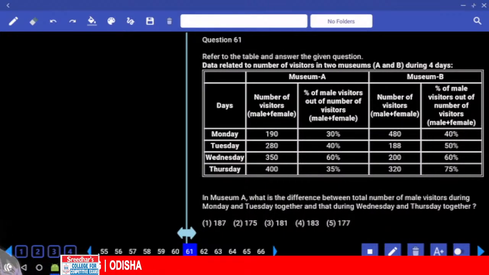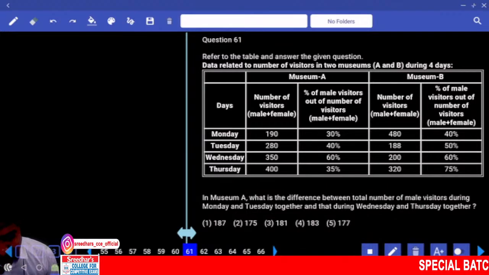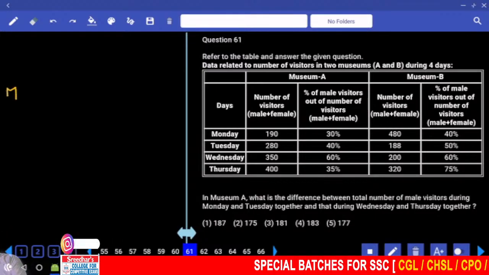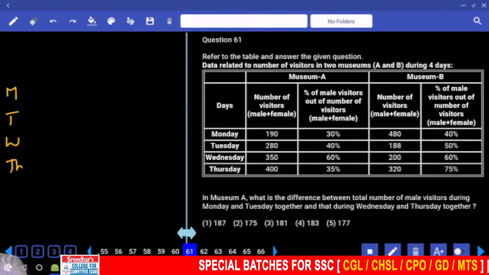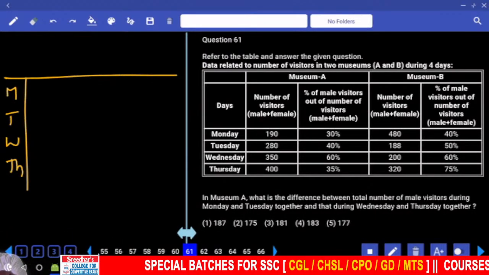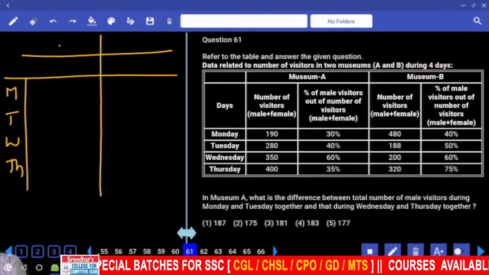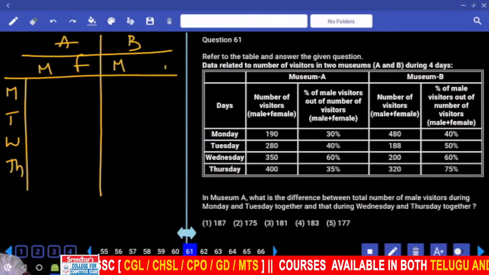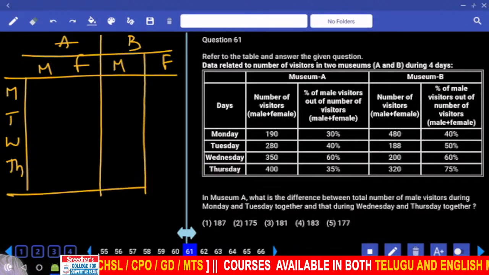Visitors in 2 museums A and B during 4 days. Monday, Tuesday, Wednesday, Thursday, museum A, B, and we have male and female.